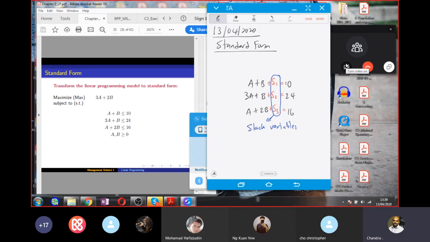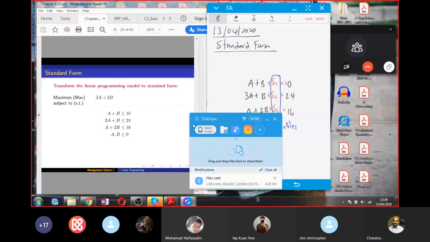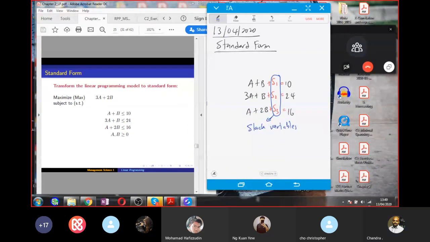our objective function here is maximize 3a plus 2b, the objective function with a, b, plus 0.